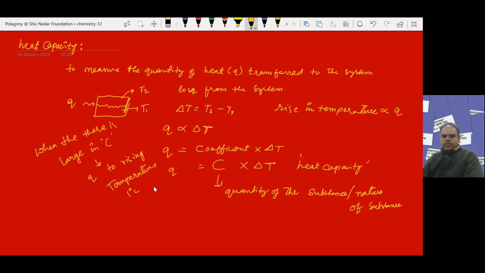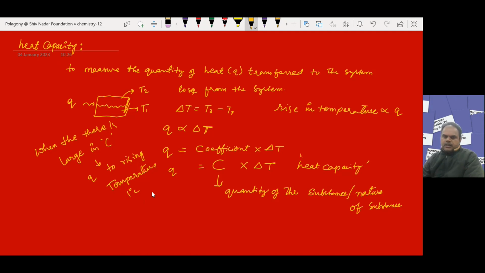When heat capacity is less, we need only a small amount of heat for increasing the temperature by 1 degree Celsius.